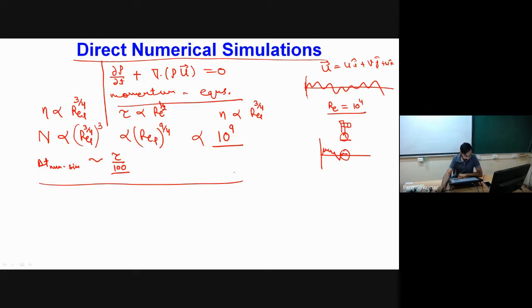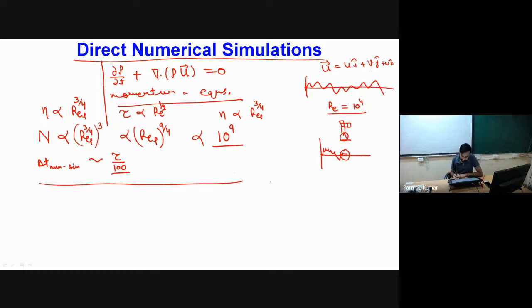Okay, now in case of direct numerical simulations also, there are certain computational challenges. Two challenges we have seen are in terms of time and spatial resolution. Apart from that, in terms of temporal and spatial discretization also, there may be some instabilities in our solution.